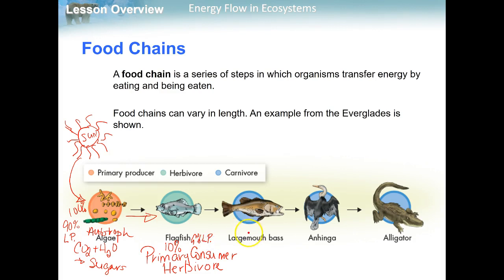So that means that this largemouth bass is only going to get 1% of the original energy from sunlight. So it's going to have to consume more in order to get that energy. This largemouth bass is a carnivore and is also known as a secondary consumer.